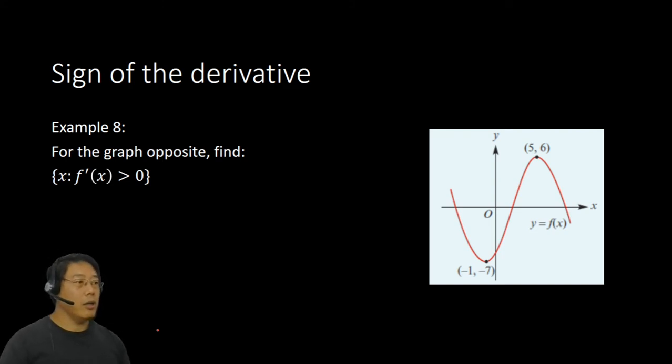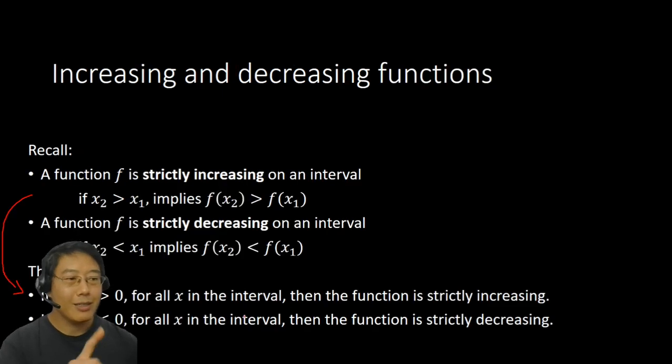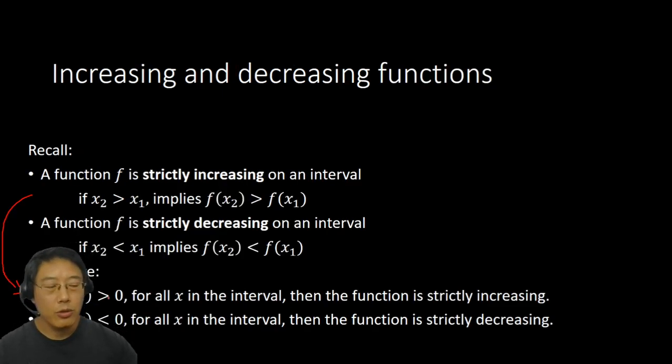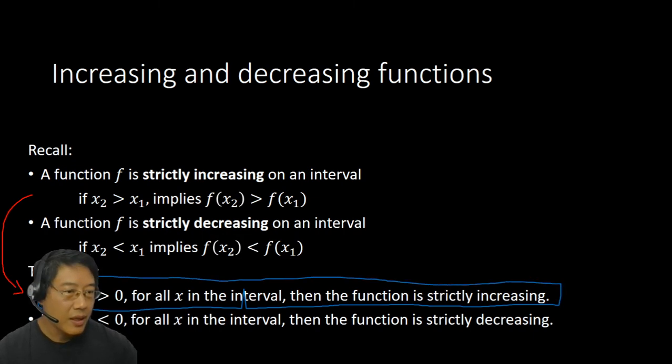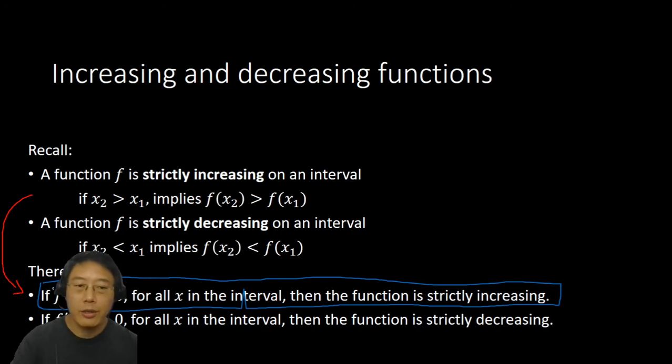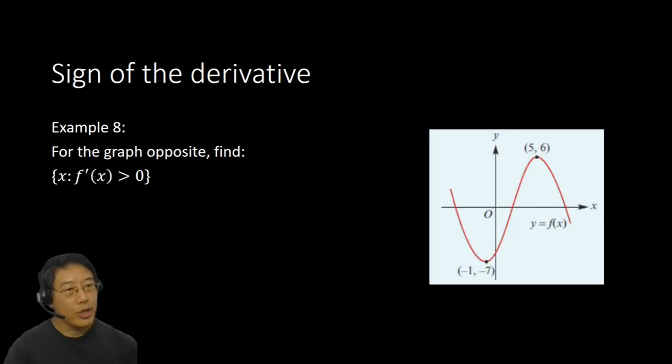Now, graphically, let me go back to this because it relates a little bit to that. If you found the derivative is positive, your function is strictly increasing. Let's say I'm looking at just this bit here. The derivative here is also the gradient of the tangent.